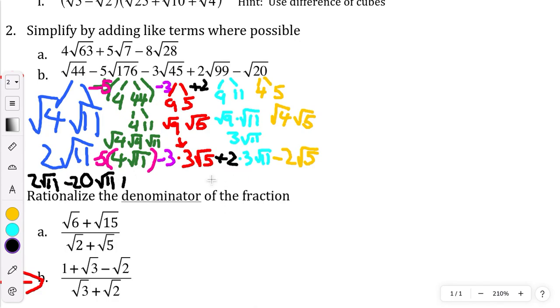So plus 6 root 11. Yes, I skipped the other one because I'm going to group them together with each other. And so this will be the minus 9 root 5 minus 2 root 5.